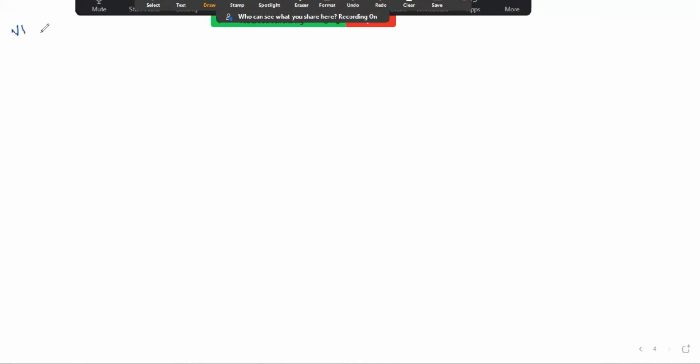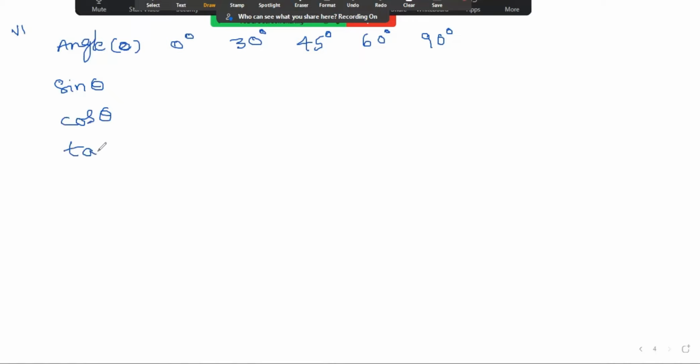Next one, we will go for the angles. Basically, whenever we are doing calculations, we require the angles 0, 30, 45, 60, 90. So we write sine theta, cos theta, tan theta. Sine theta is 0, 1 by 2, 1 by root 2, root 3 by 2, 1.